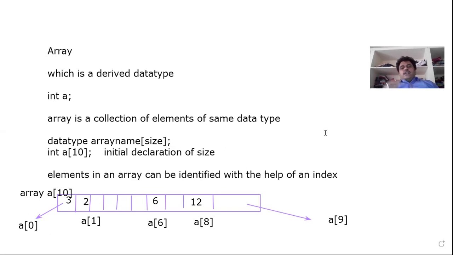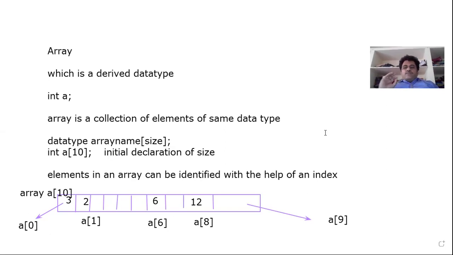But whenever we declare an array, we are always cautious that the size has to be fixed. Otherwise, once you declare an array, memory will automatically be occupied and the memory will get wasted.